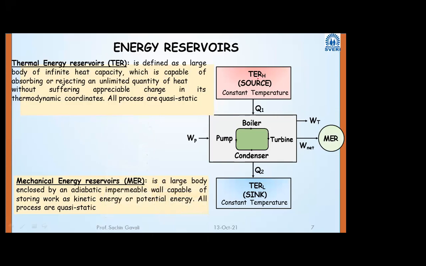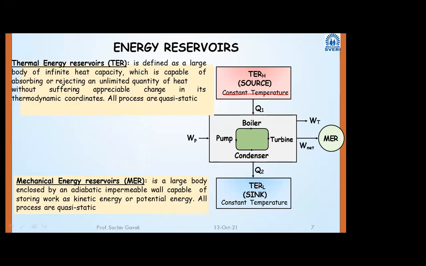Okay, so this thermal reservoir, if an abundant Q1 amount of heat is taken from this reservoir, still its temperature remains constant. The temperature is not changing, though a lot of Q1 is taken out from that reservoir.